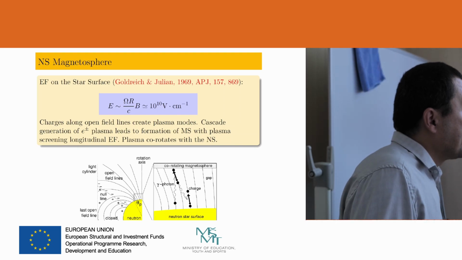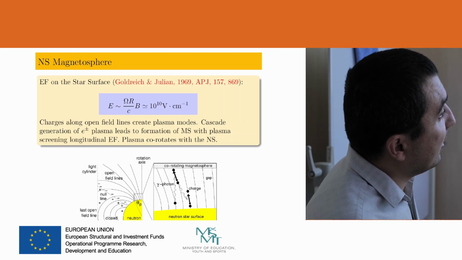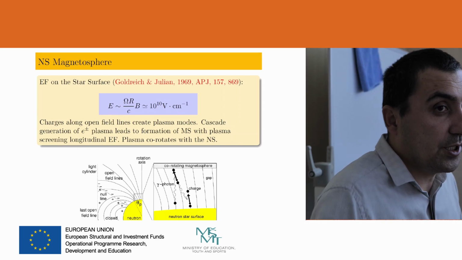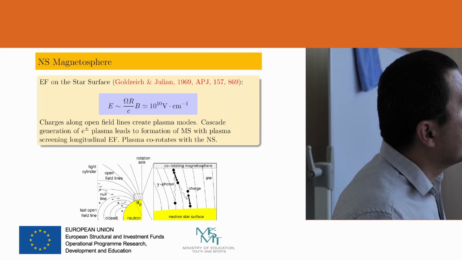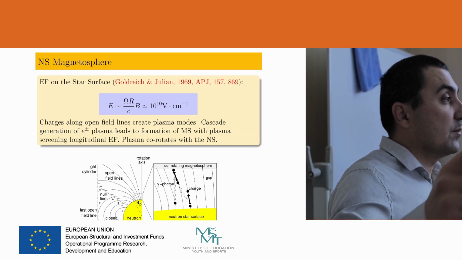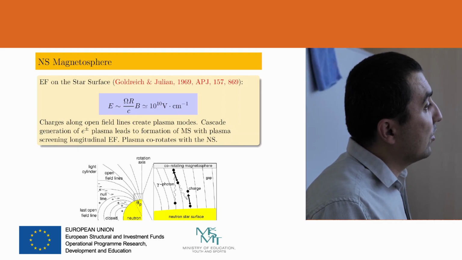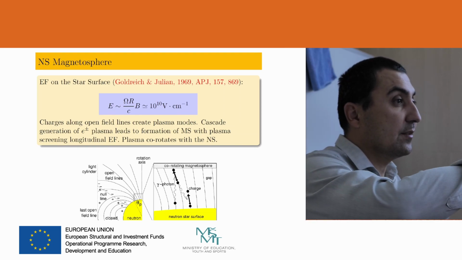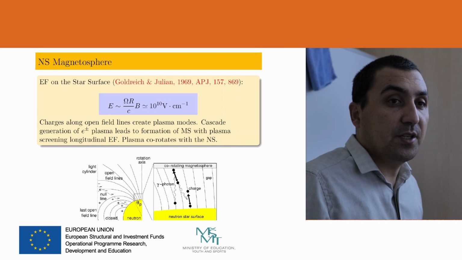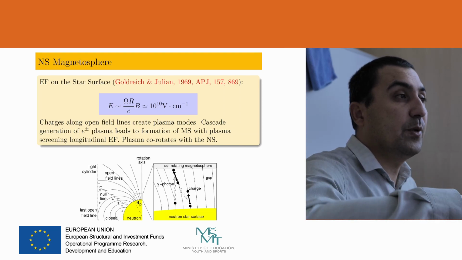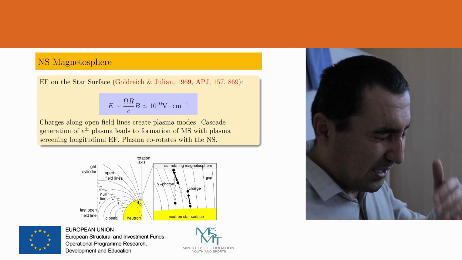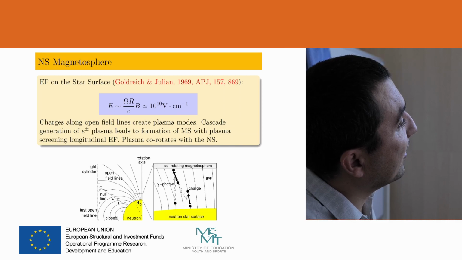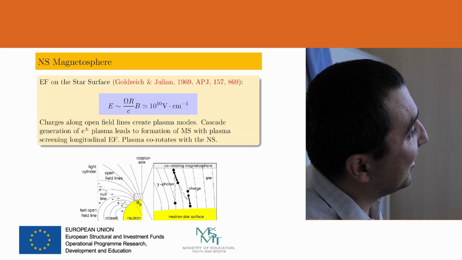So as the star rotates, the magnetic field lines are correlated with the star, and as this magnetic field line goes far, their linear velocity reaches the speed of light, and here is the light cylinder where these lines are closed.